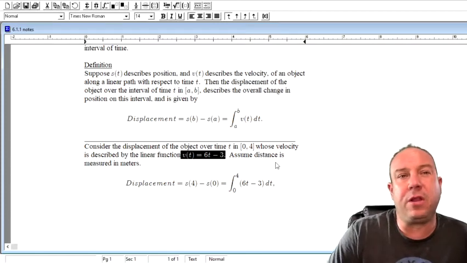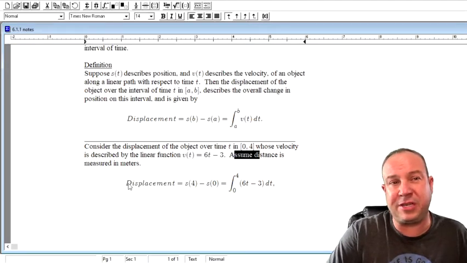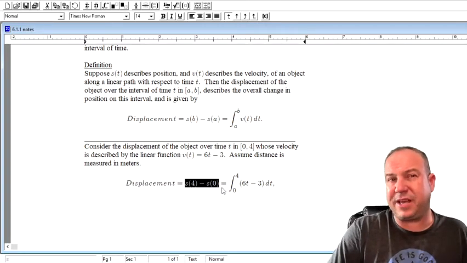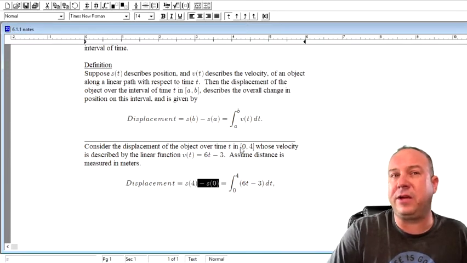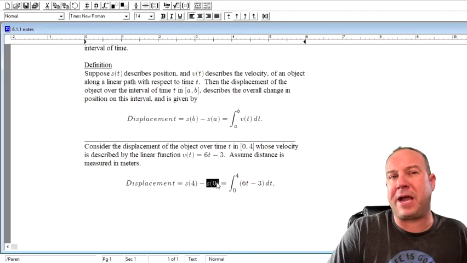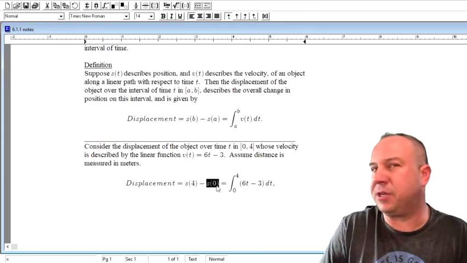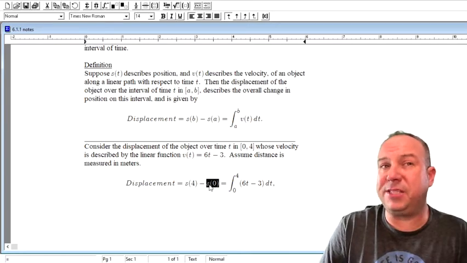If we assume distance is in meters, displacement, as defined above, is nothing more than the difference of S of B minus S of A, where A and B are the values 0 and 4 respectively. So it would just be S of 4 minus S of 0, our position function evaluated at time 4 and at time 0. That difference would describe displacement.